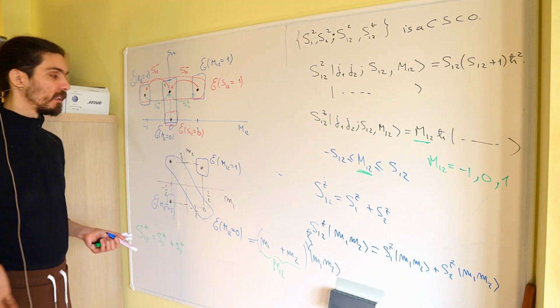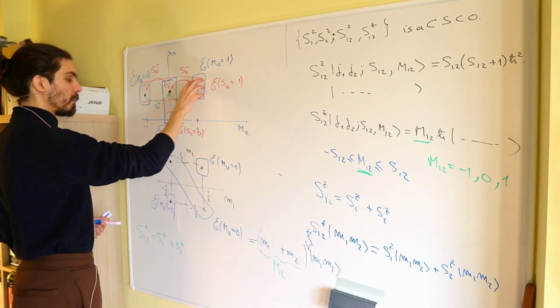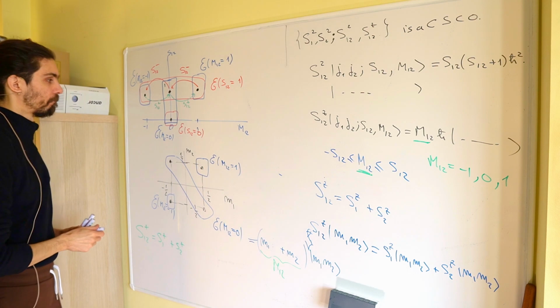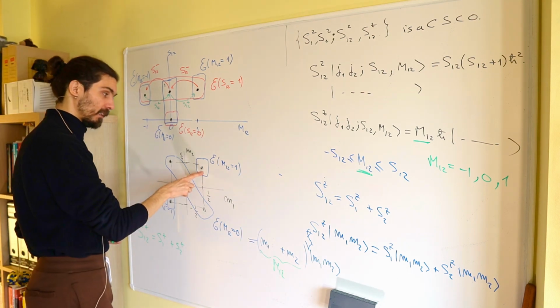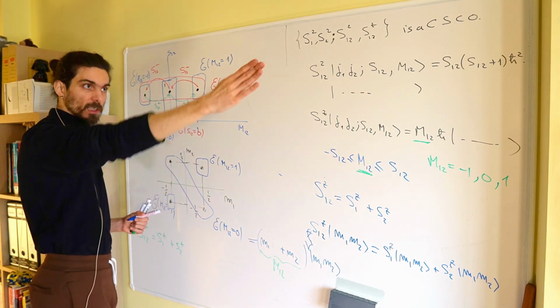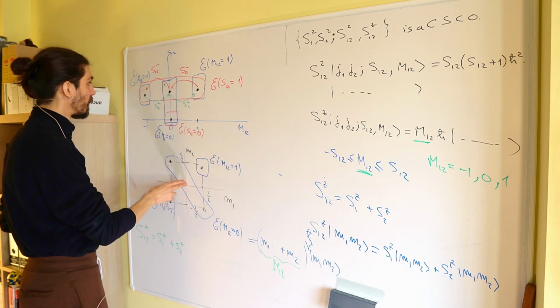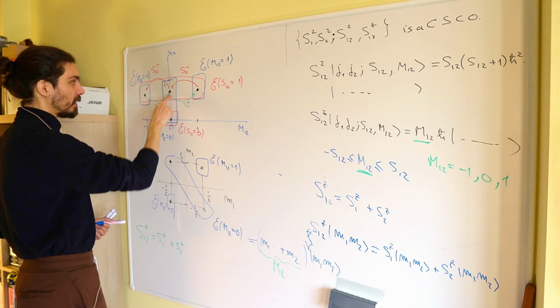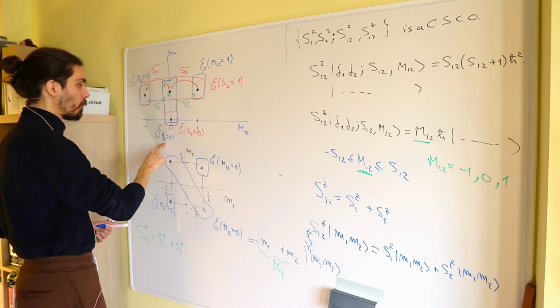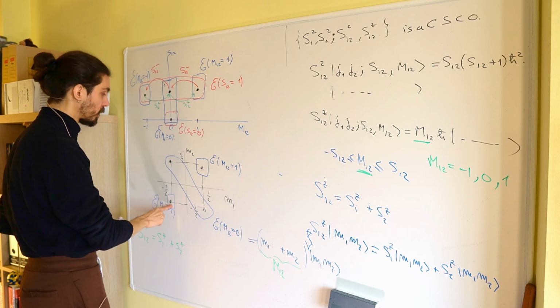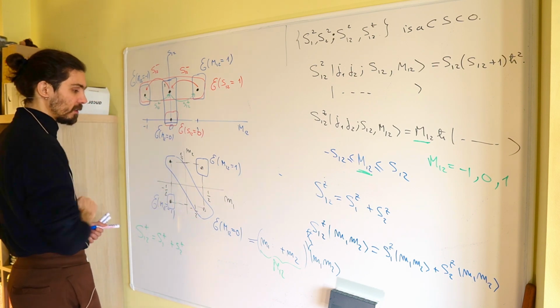Notice the dimensionality. This is one dimensional, this is two dimensional, and this is one dimensional. This is a basis for this space. This is one direction, so it's like a line. This is a two-dimensional space, like a plane. These two basis states span this space, and so do these basis states, and so on. This also is a basis, just like this.